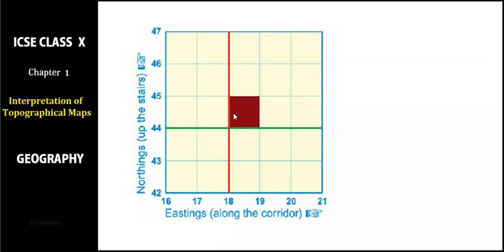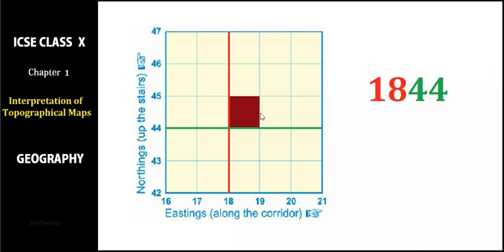Then the next step is writing these values continuously without any gap. First we should write the value of the eastings, then the value of the northings. That is 1844.